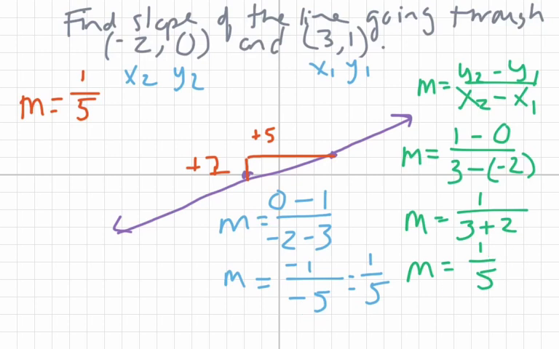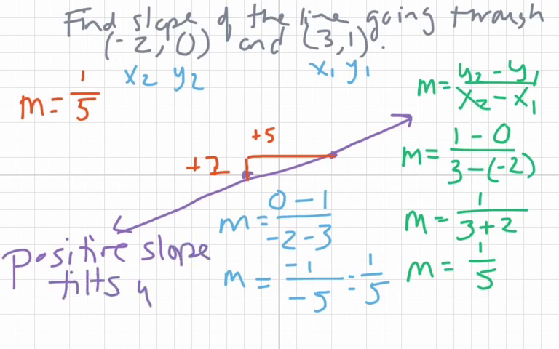And what I want you to notice is this: a positive slope, the line tilts up from left to right. Okay, pause the video, make sure you write that down. So if the line is tilting upward, it means your rise is positive and your run is positive.